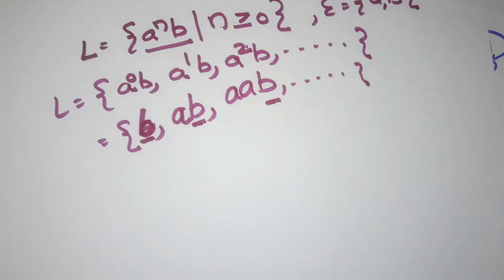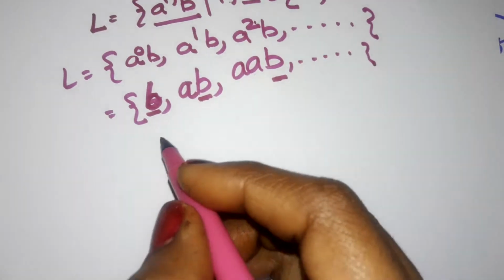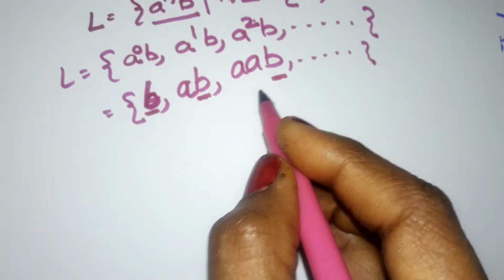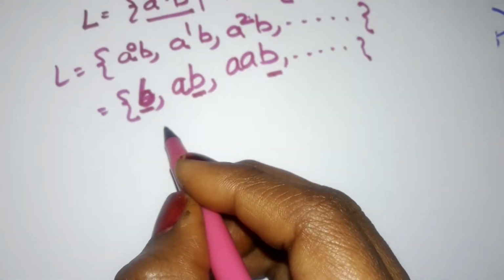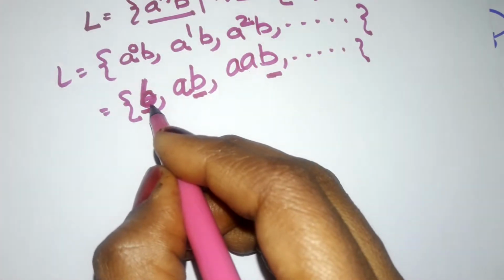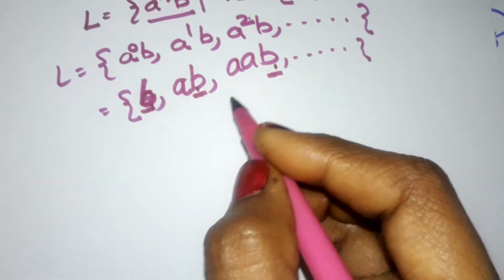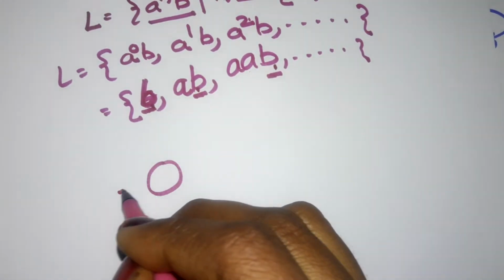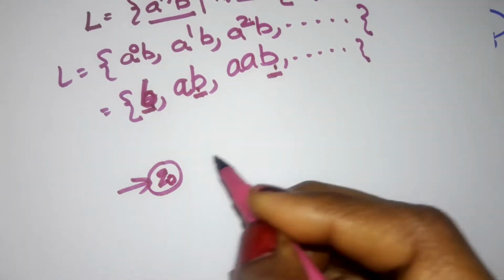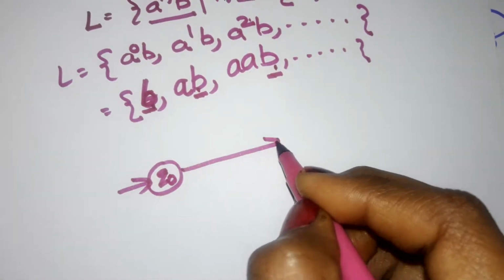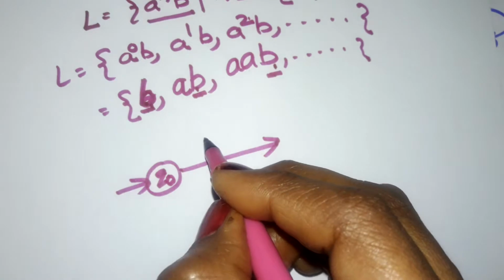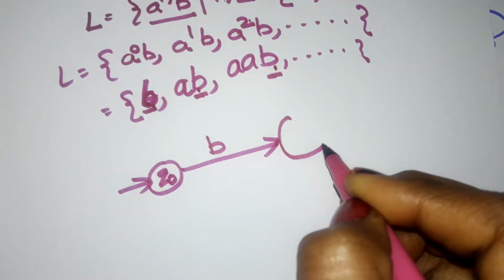So here, by seeing these acceptable strings, you can come to know that if the input symbols end with b, then it should be acceptable. I am starting with the initial state, and if a single b comes, it should go to the final state.